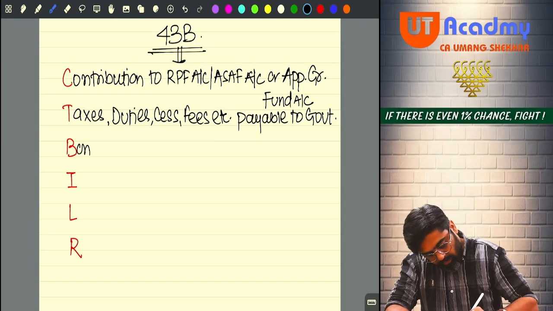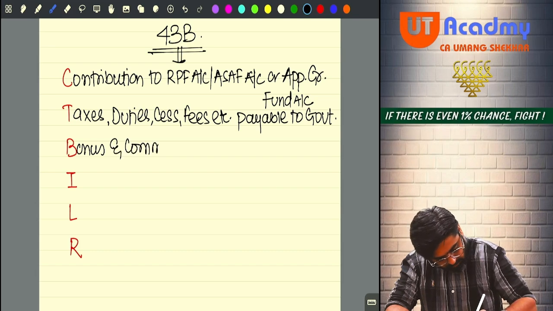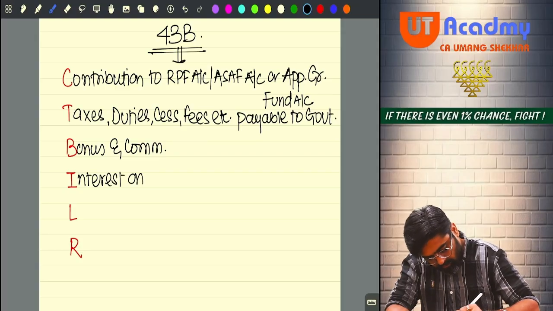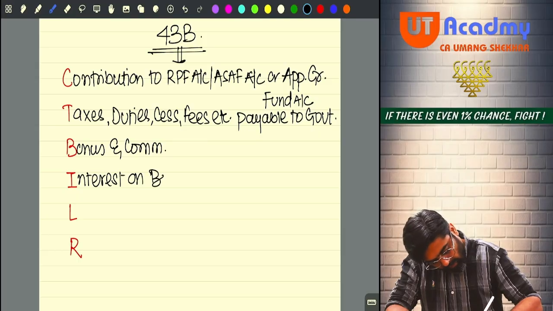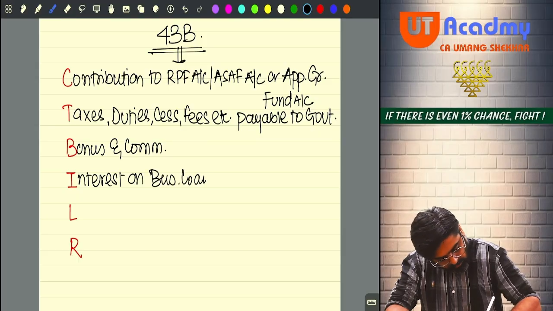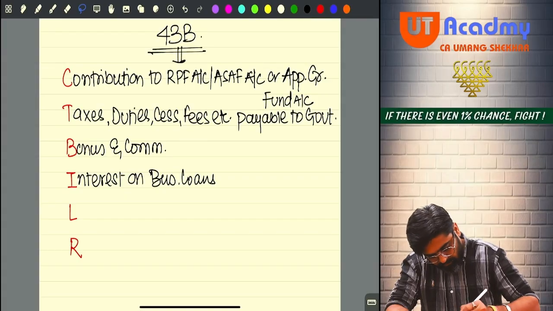B for bonus and commission. I for interest on business loans.